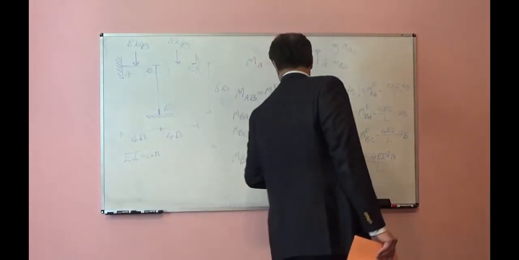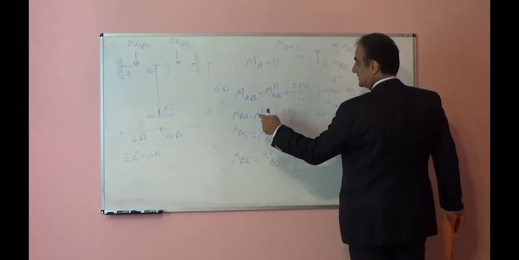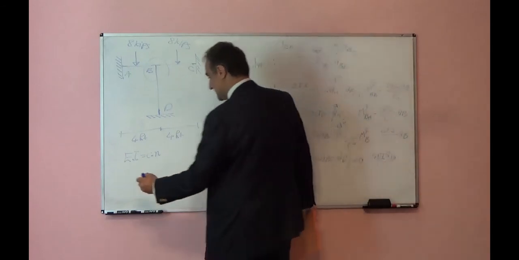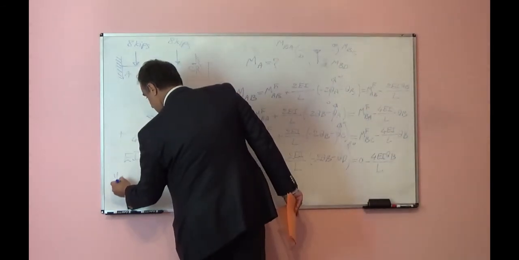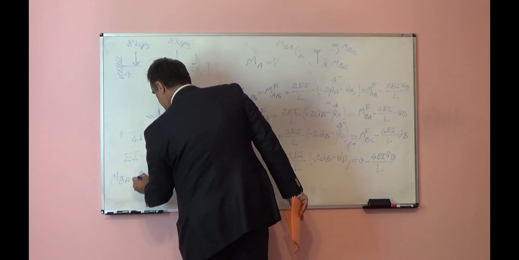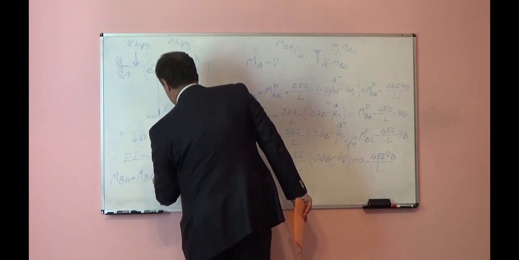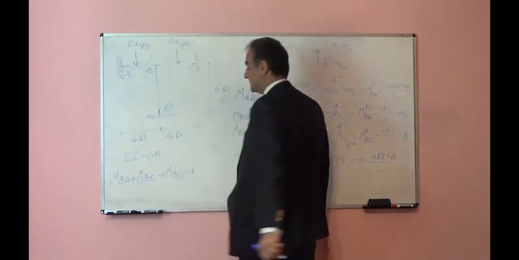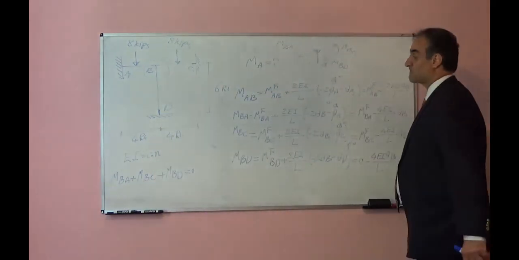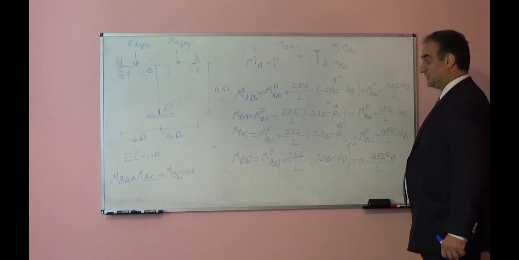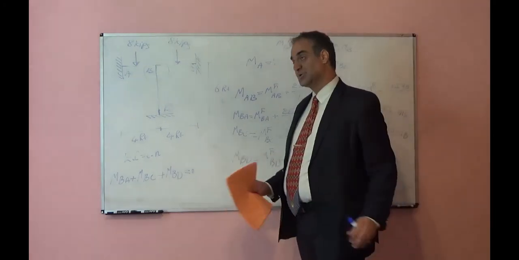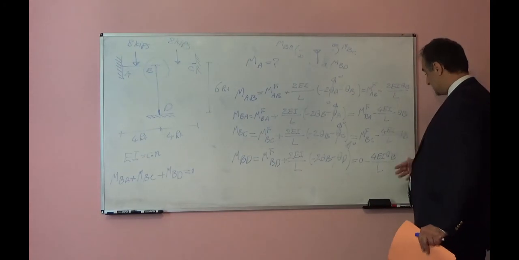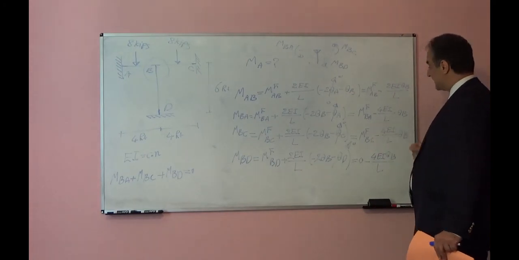So I should write MBA plus MBC plus MBD is equal to 0. So we have one equation, one unknown. Our unknown is theta B. I can plug in there and I will find theta B.